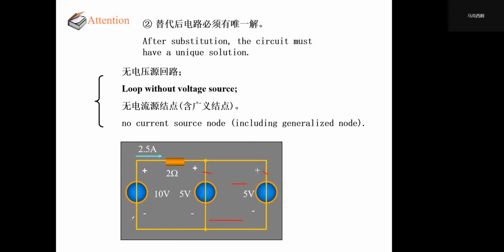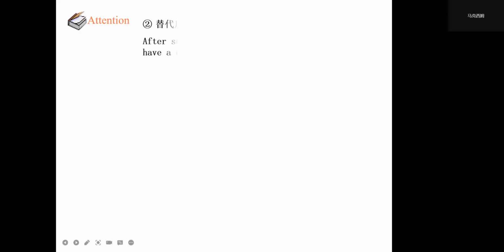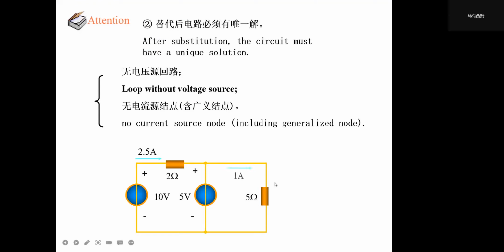So it could be 3 to 1, and it could be 5 and 0. In this case, the distribution between the branches after the replacement we cannot be sure of.